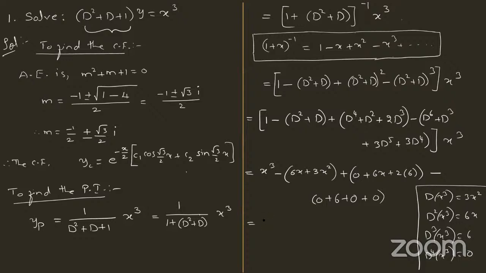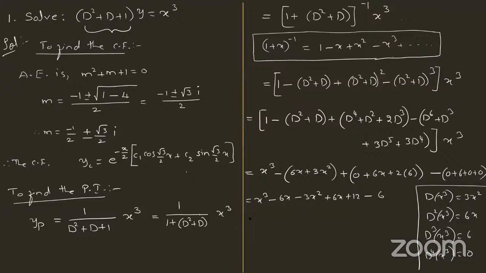Now if I simplify this, see how much you'll get. I'm just writing here all these things, 0 plus 6 plus 0 plus 0. Then if you simplify this, it is equal to x³, then multiplying with a negative sign here, minus 6x, then minus 3x², and here plus 6x, then plus 12 minus 6.